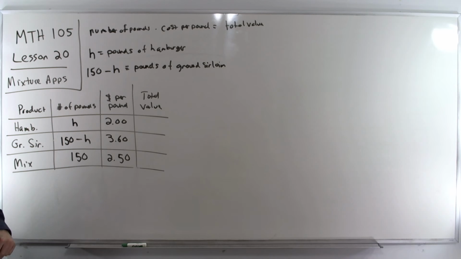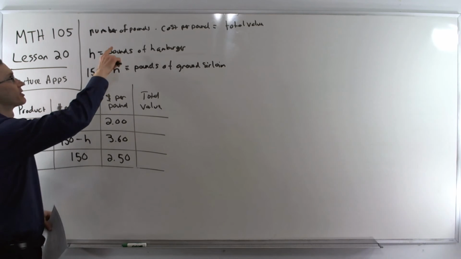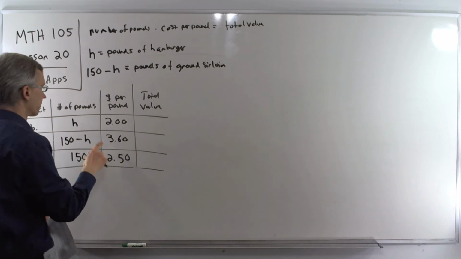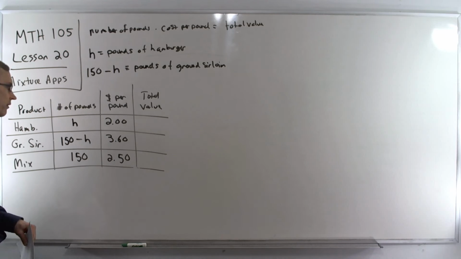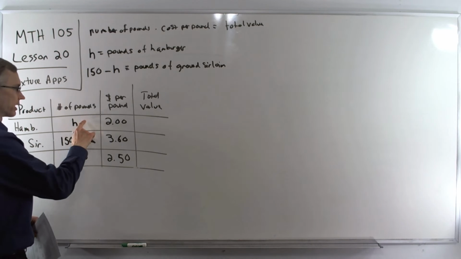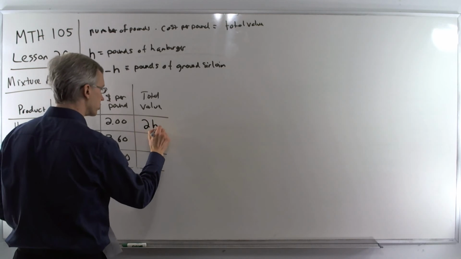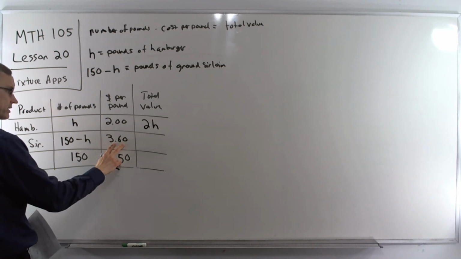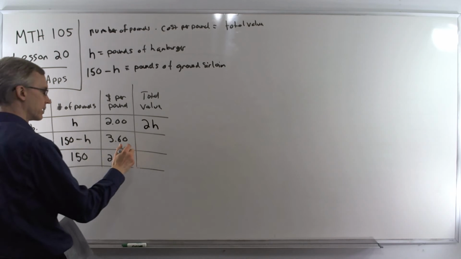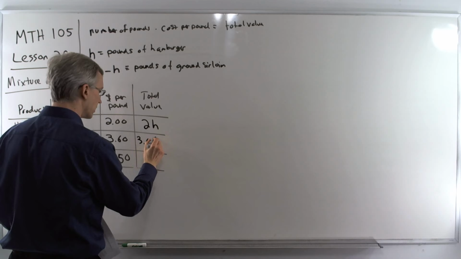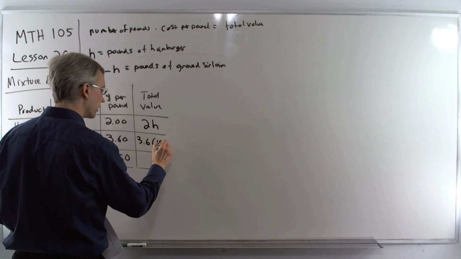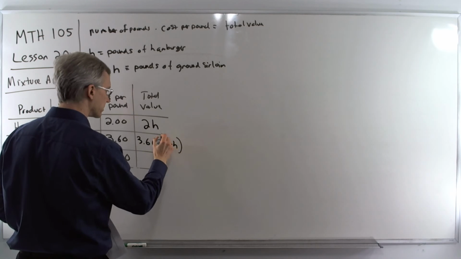Now total value, we're going to find that in the same way as we did last time, multiplying straight across. Using our formula, number of pounds times cost per pound equals the total value. So when we multiply straight across, we got H times 2, so that's 2H. 3.6 times 150 minus H, in parentheses.